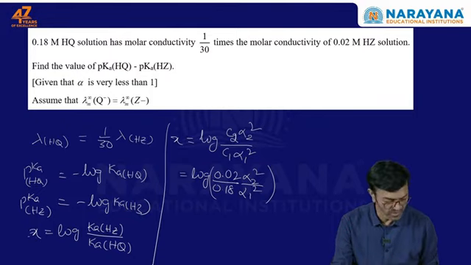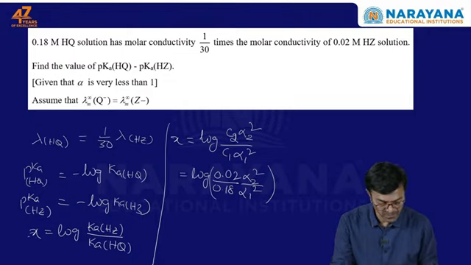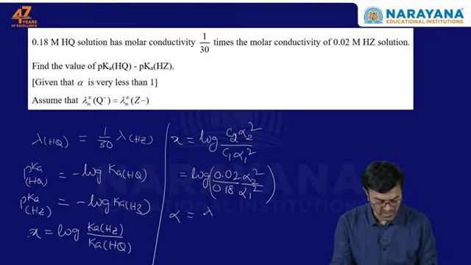That is understandable. And it is also saying that molar conductivity of HQ is 1 by 30 times of molar conductivity of HZ. So alpha is equal to, as per Kohlrausch law, lambda M by lambda infinity.